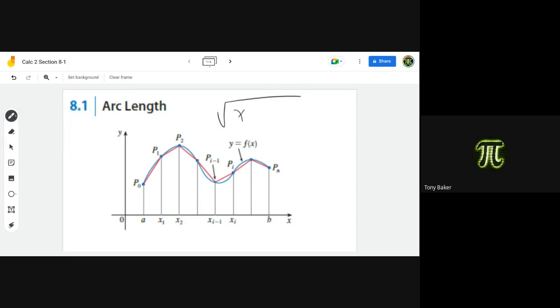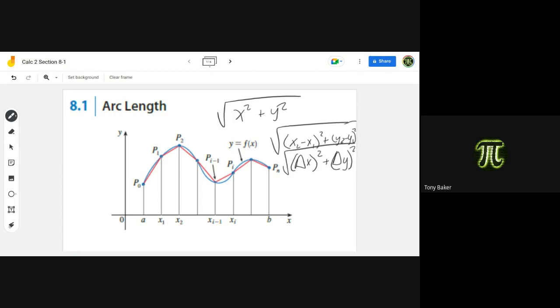There we go. So that would be just the Pythagorean theorem if it was that. The expanded one would be x2 minus x1 squared plus y2 minus y1 squared, looking at the points. But really it's the change in x squared plus the change in y squared, and then the square root of that.